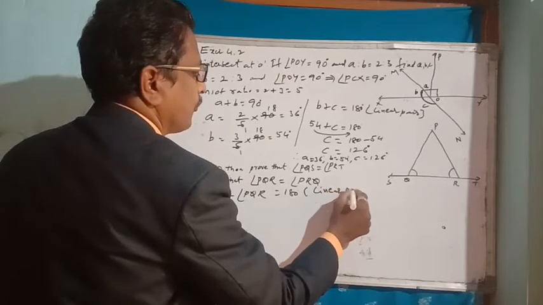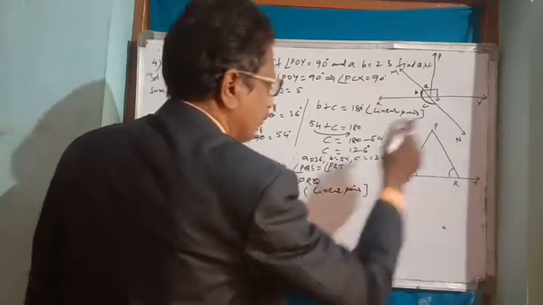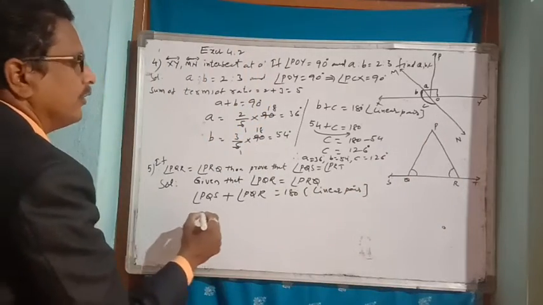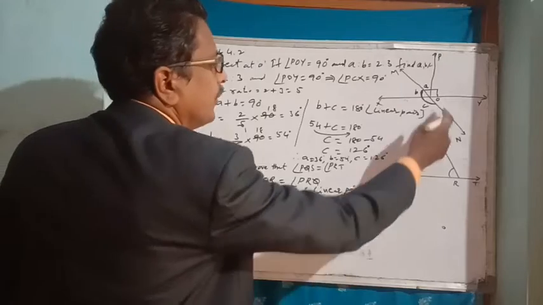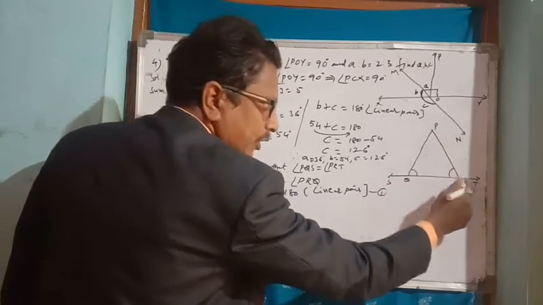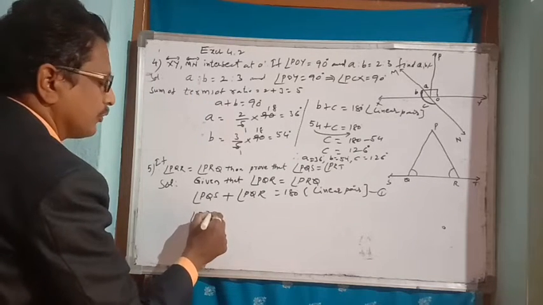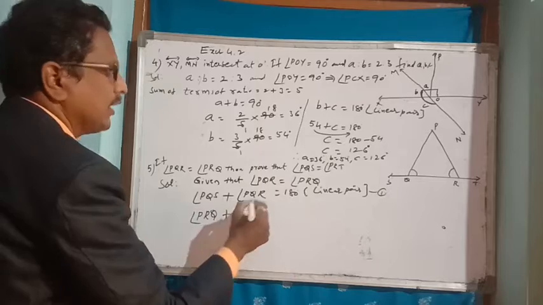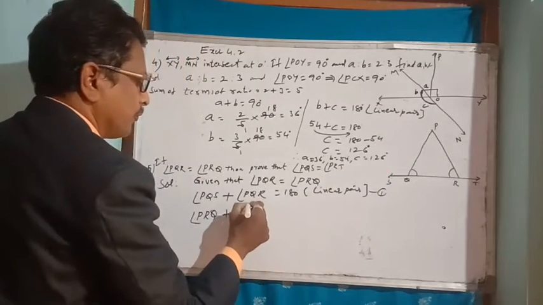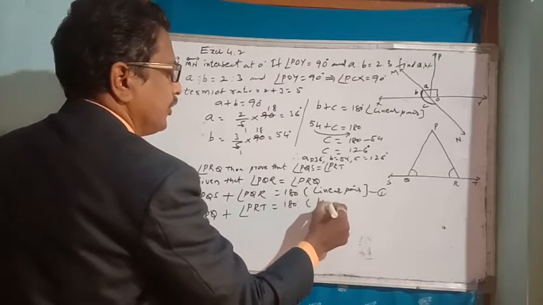Linear pair. Same as here also: angle PRQ plus angle PRT equals 180 degrees. This is also a linear pair.